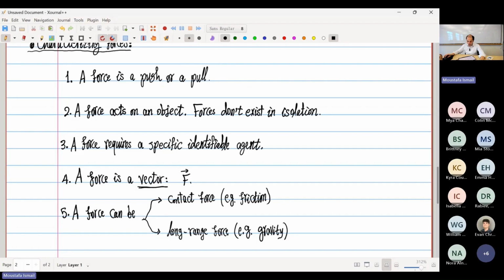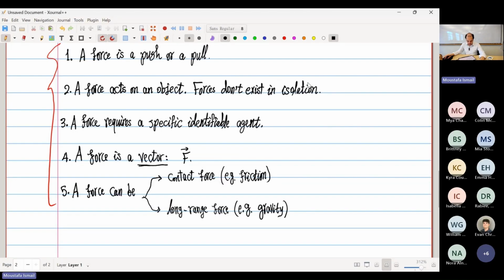A freely falling ball is receiving a force from the whole Earth, even though it's in the air, so there is no contact between the surface of the Earth and the ball, but still there is a gravitational force. So these are common characteristics shared by all forces, generic features of a force.